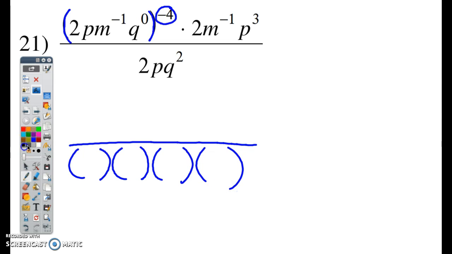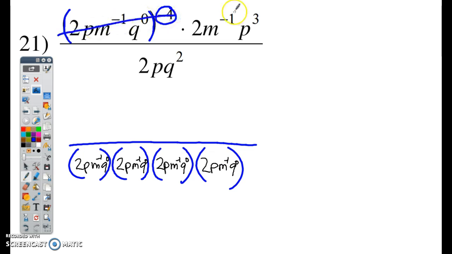So that's 2p, let me write it smaller, 2p m to the negative 1 q to the 0 power, 2p m to the negative 1 q to the 0 power, and so on for all four copies. And I would cancel that one out because I'm done with it.